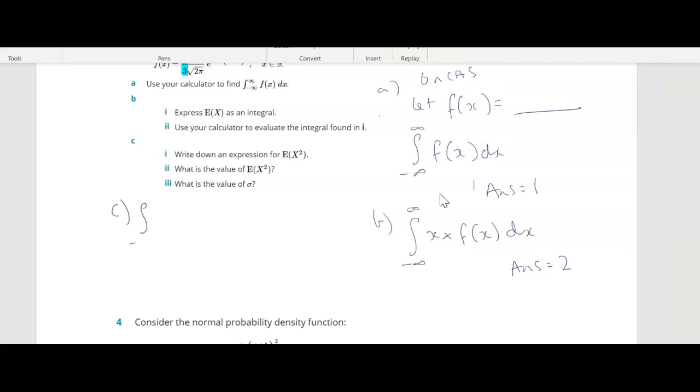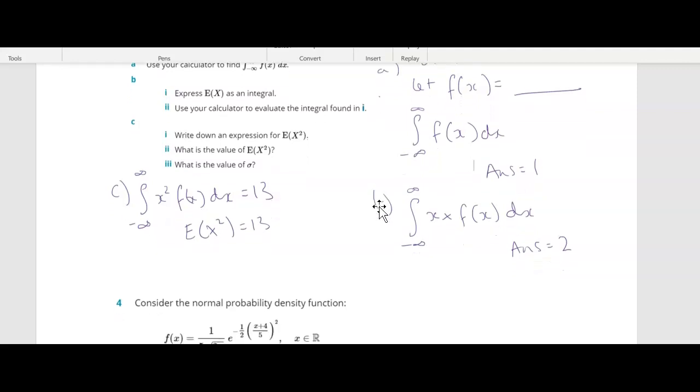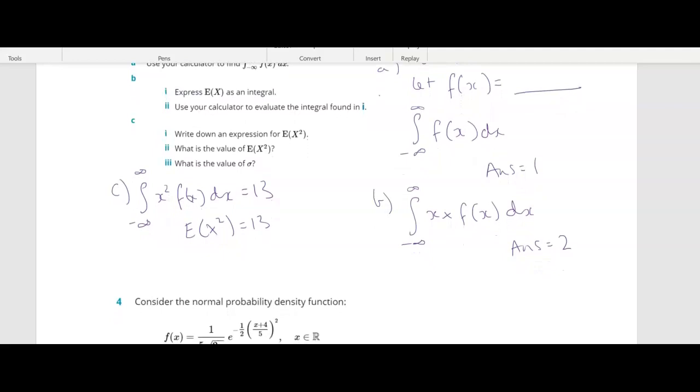So we're going from negative infinity to infinity, x squared, f of x dx is equal to 13. So E of x squared is 13. And then to calculate, so the variance we've got to do first.